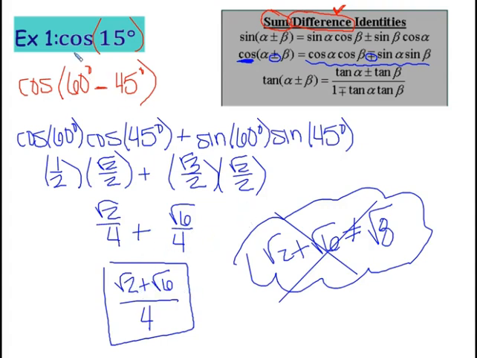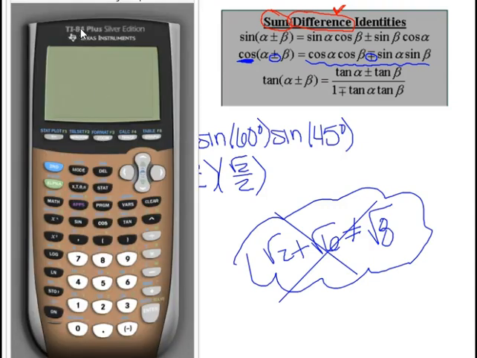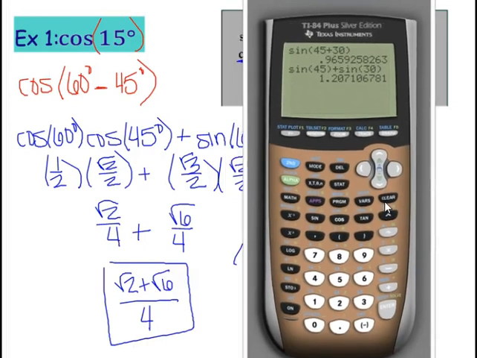So in the end, the exact value of cosine of 15 degrees is the square root of 2 plus the square root of 6, all divided by 4. And if you actually want to check that out on your calculator, you could, just to see if you were correct. If we do the cosine of 15, notice how we get 0.96592 and so on. So that's what we know this should be as a decimal.